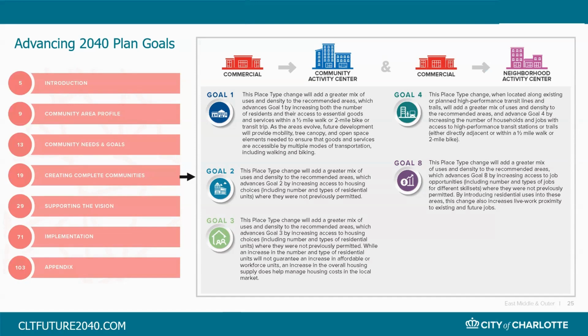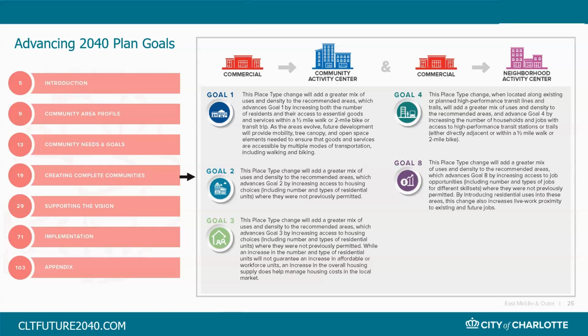This place type change will introduce new mixed-use development to recommended areas, also advancing Goal 2, neighborhood diversity and inclusion, and Goal 3, housing access for all, by increasing access to housing choices, including the number and types of residential uses where they previously did not exist.